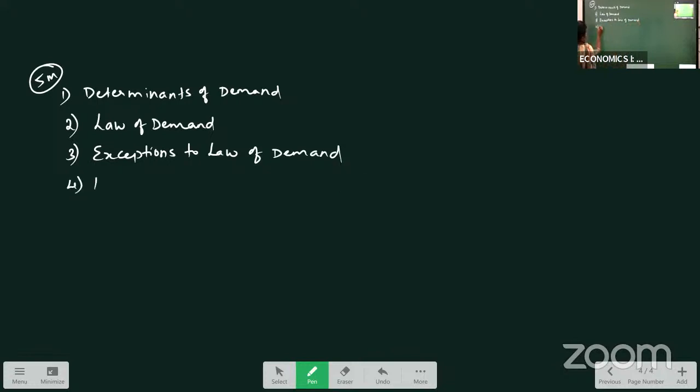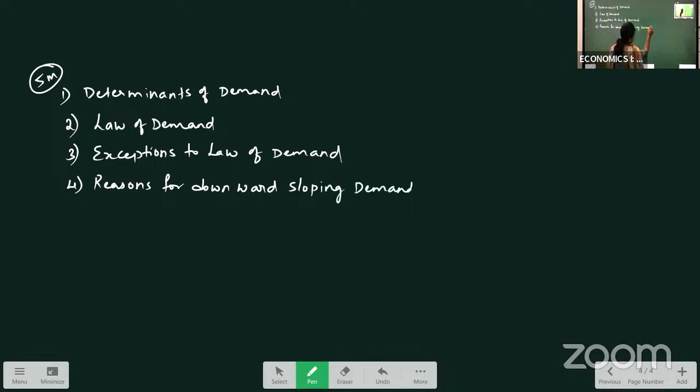And reasons for the downward sloping or negative sloping demand curve. So from these questions, any two questions you will be getting from an exam point of view for 5 marks.